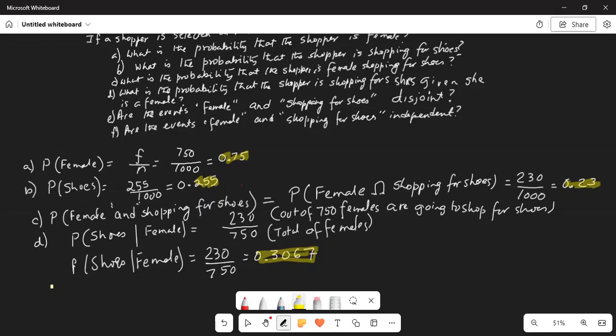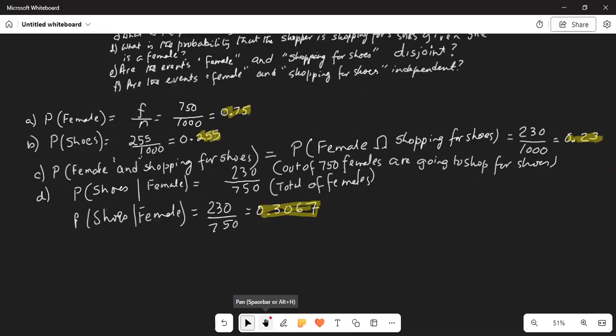Okay, part E. Are the events female and shopping for shoes disjoint? We already have determined the probability of female and shopping for shoes. And means they intersect, right?